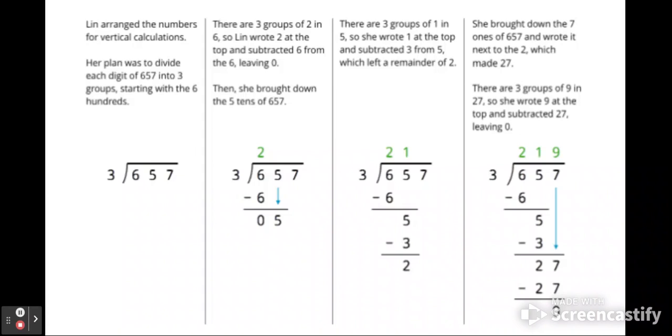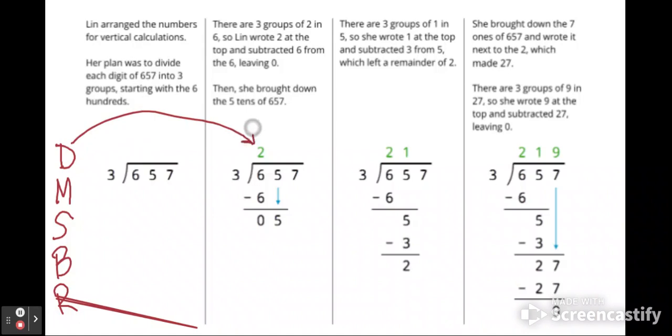A lot of times your elementary teachers may have given you a trick to help you remember what the next step is in long division. Okay, we divide first. That's what's happening over here. She is saying, okay, 6 divided by 3 is 2.